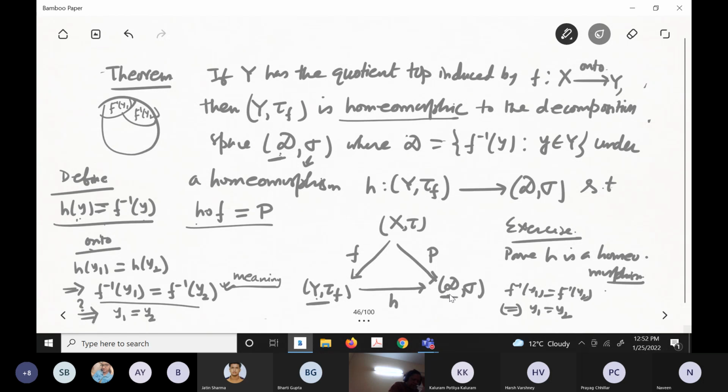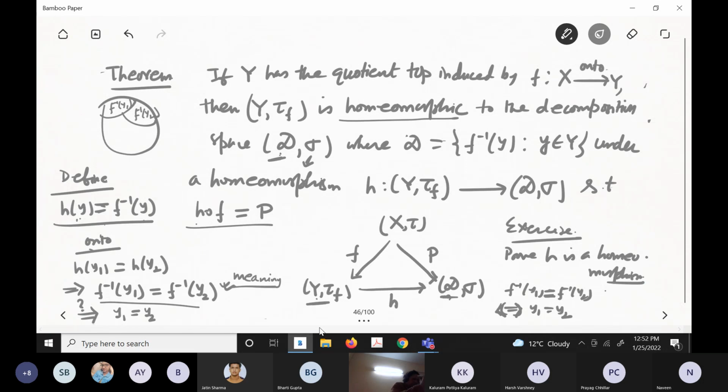So that's the way I'm taking the decomposition. This is an equivalence relation. So this is actually part of the definition here. They will be different because that follows from the function.